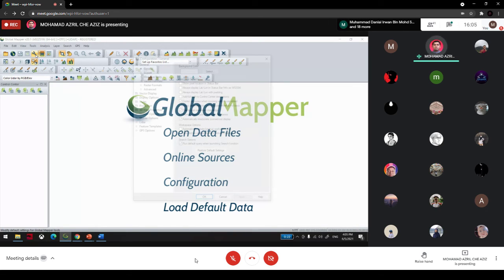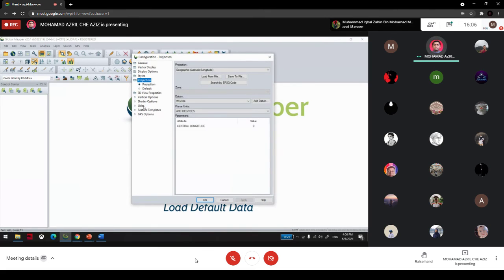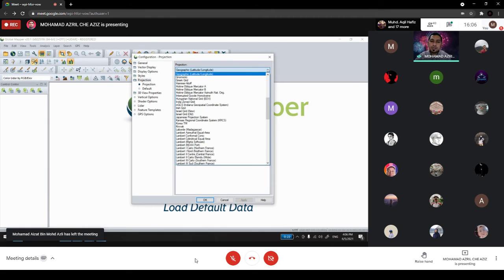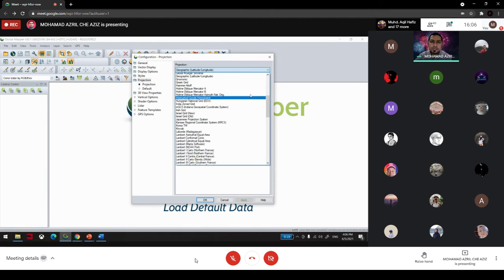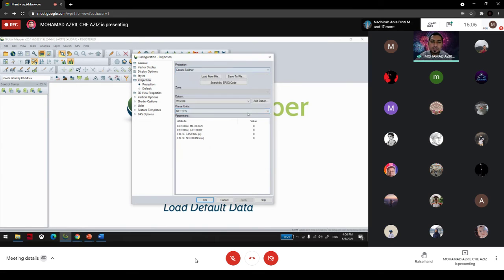So you go to Configure, and then to Projection. This is what you have learned in chapter number 2 and just now. So here, projection. For our purpose, for example, Cassini Malaysia or Cassini Selangor.